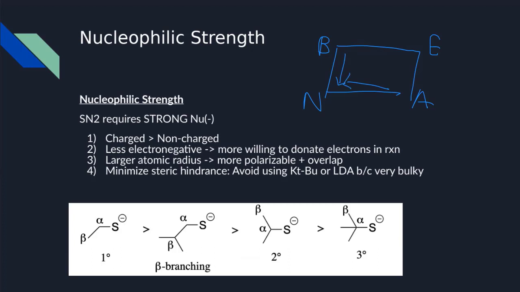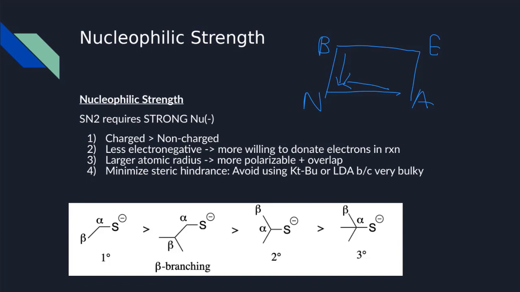The reason being, you want a less electronegative atom, because you want to be more willing to donate those electrons in a reaction. You're ready to pop those off, give them to that electrophile, so you don't want to be clinging on to them. Similarly, we're looking for a larger atomic radius because that causes the molecule to be more polarizable, and it also allows for more overlap between molecules so that we can start creating bonds.